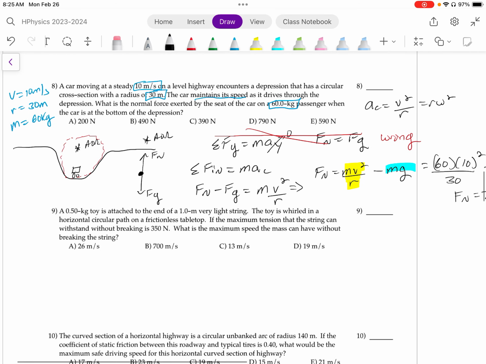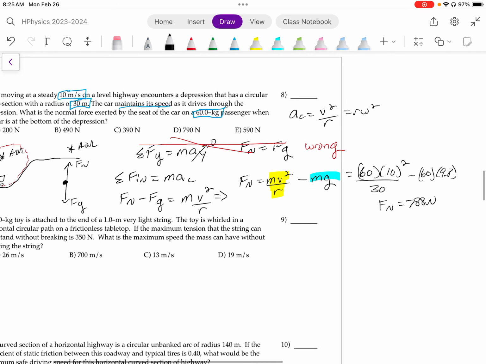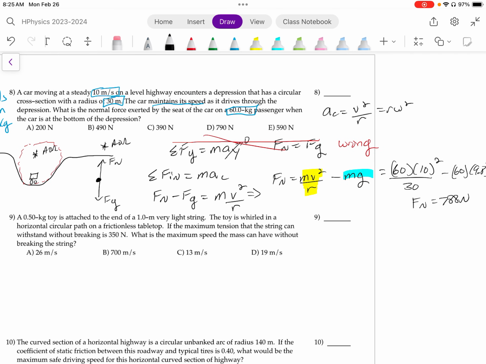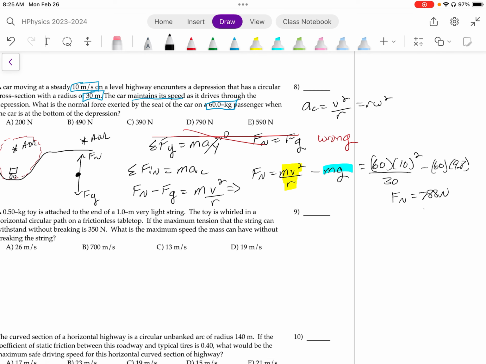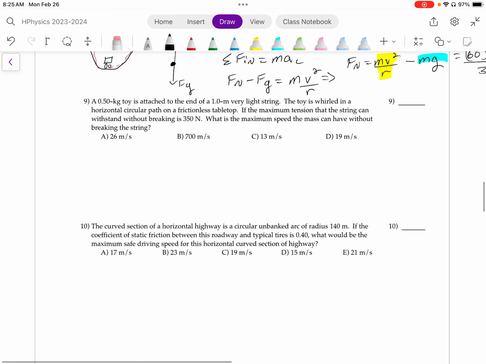They said 2 sig figs, but I consider 10 and 30 as 1 sig fig, so the answer truly would be 800. Notice the answers are given with 2 sig figs, and so it would be 790 newtons. Now don't stress, I won't do that to you on your exam, but at least it shows you how the answer was achieved. Okay, number 9.